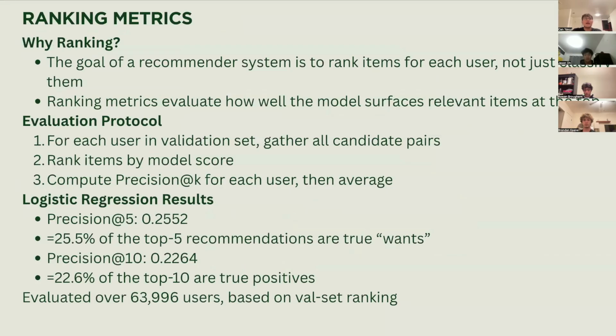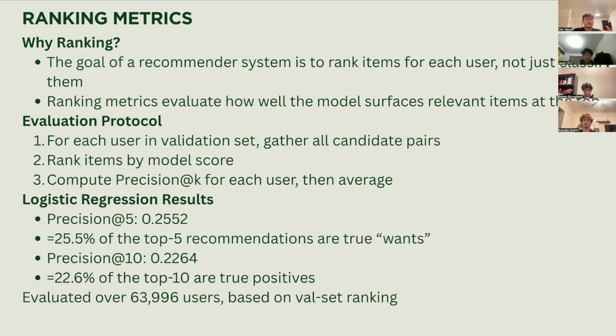Moving forward to our ranking metrics, in recommendation systems, ranking matters more than predicting a binary label. So we compute precision at the top K suggested items for each user. For logistic regression, or LR, whatever you want to call it, at P at 5, we have 0.2552.